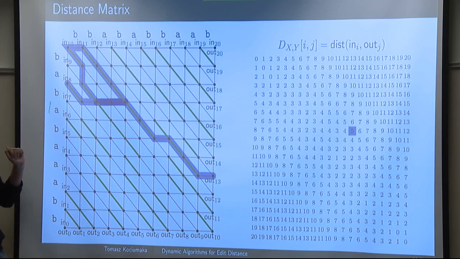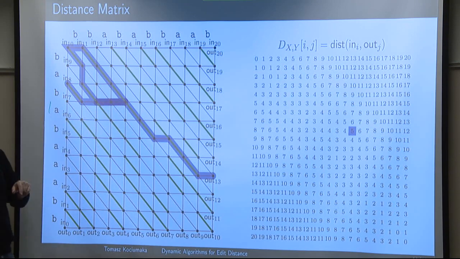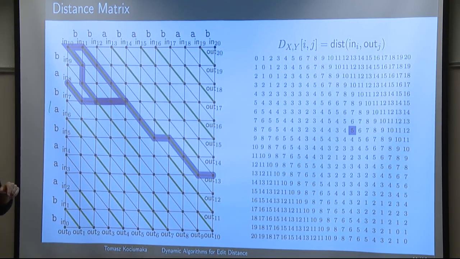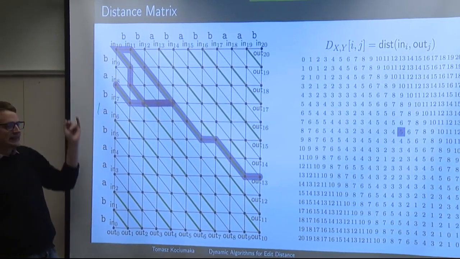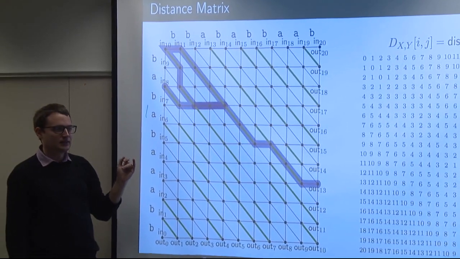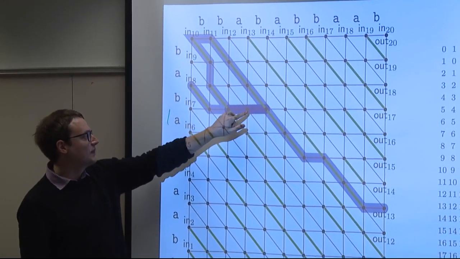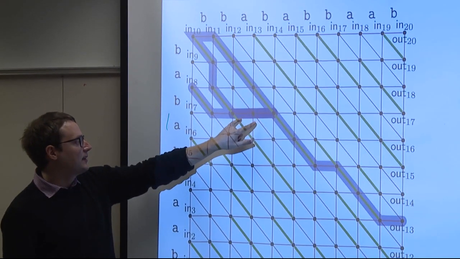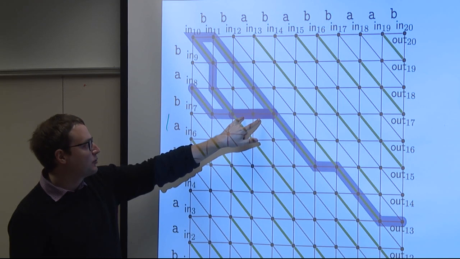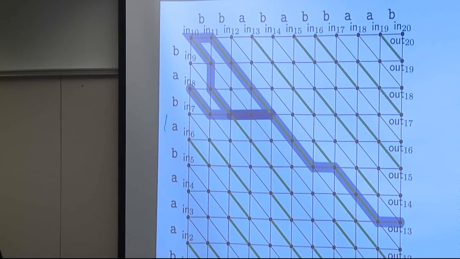And here we are using the fact that these endpoints of this shortcut are on different diagonals, and the shortest path, whatever it does, needs to pay at least 1 to change the diagonal. And here we are just paying 1 to change the diagonal. So this path is always cheaper or equally expensive as the path that does some crazy thing in the alignment graph.